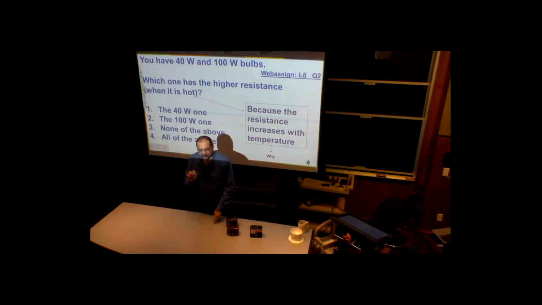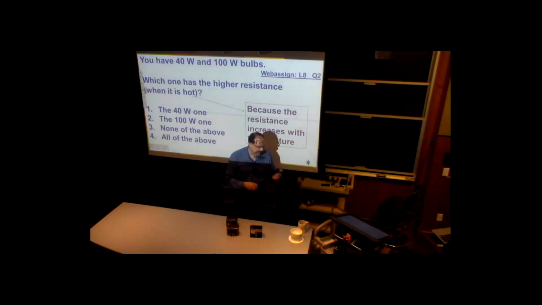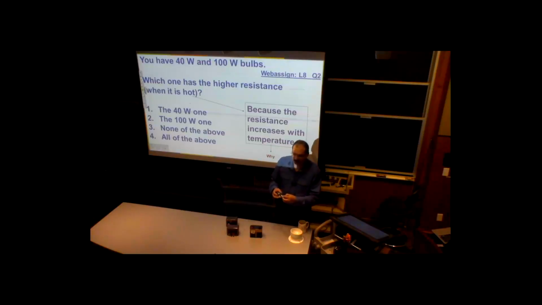So it doesn't say 120 volts, 100 watt, only when it is connected to a different bulb. No, it doesn't. It is assumed that if you plug it in a 120 volt socket, it will give you 100 watt power, which means 100 joules per second.